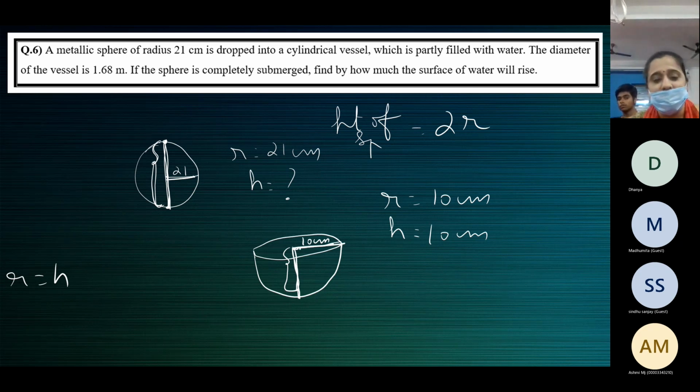In a hemisphere, the radius is equal to the height. In a sphere, if the radius is r, the height is 2r.